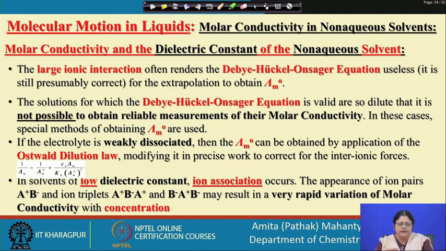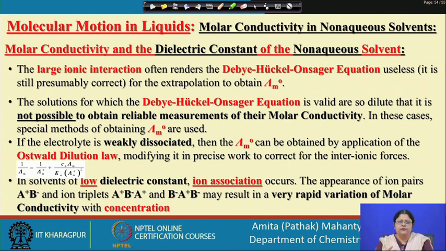Large interactions are going to be there when you have a low dielectric constant. Ionic interactions will be higher. Most of the time the Debye-Falkenhagen equation cannot be valid. We cannot find the limiting value of molar conductivity through extrapolation.